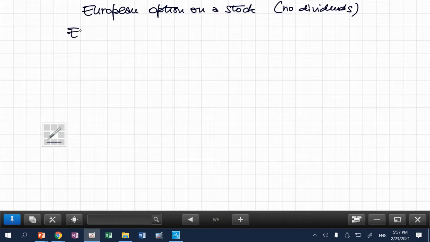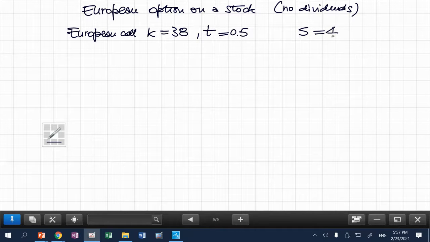Imagine you have a European call with a strike of 38 and maturity 6 months, so 0.5 years. And imagine the spot price of the stock is 40.